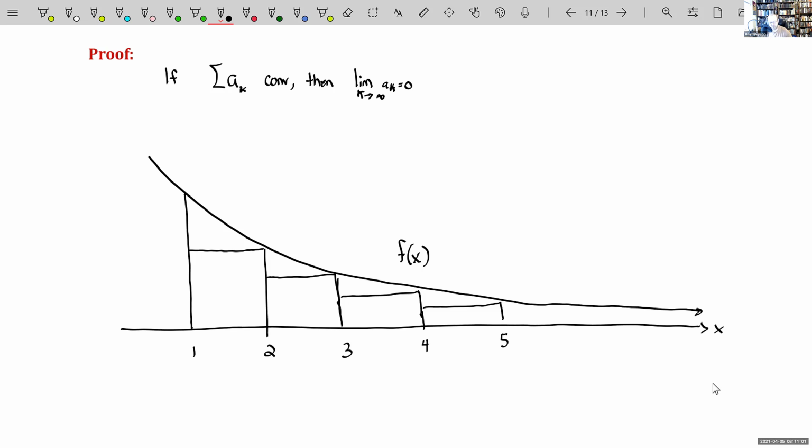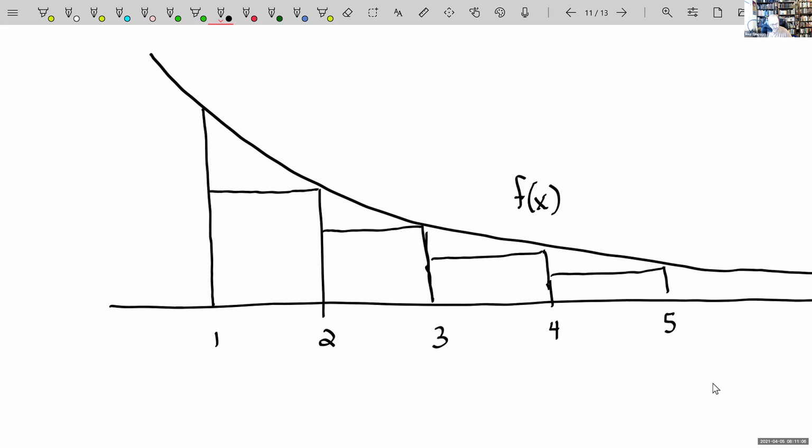If I use right endpoints, well, I'll use red for right endpoints. Then the area that you're looking at right here is actually a sub 2 because I'm using the height at 2. That area is a sub 2. And actually, this area over here is a sub 1. But we're not going to worry about that. I'm just showing you that that would have been a sub 1 over there.